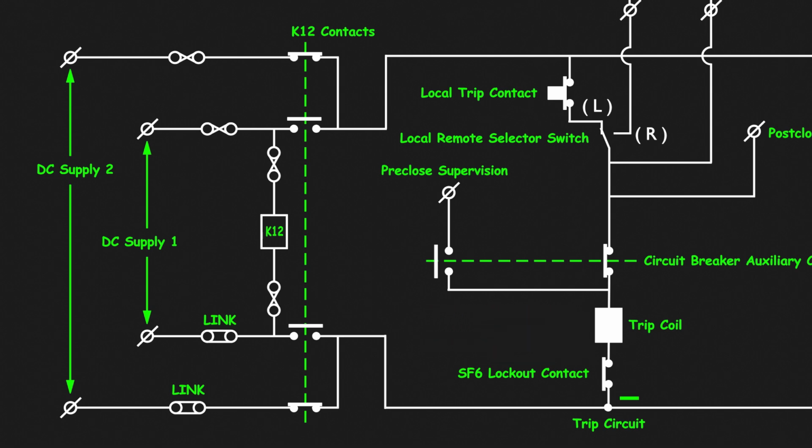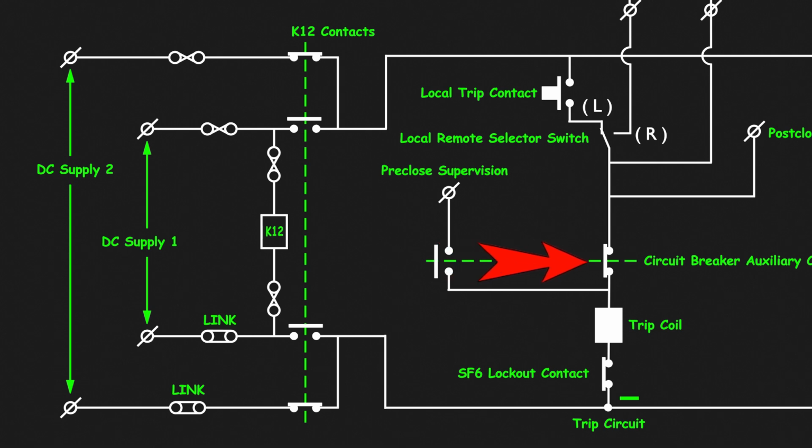What's your understanding here? From the tripping circuit, we can clearly see that there are two conditions to be fulfilled for tripping of the circuit breaker. One is that the circuit breaker must be in the closed position. If the circuit breaker is in the closed position, then only this auxiliary switch contact of the circuit breaker will also be in the closed position.